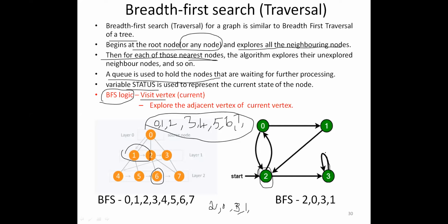Since it is a self loop, when you take the self loop, it is visiting the same node 3, and it is also already visited here, so I'll simply ignore it. So the BFS of the given graph is 2, 0, 3, 1, or you can have 2, 3, 0, 1. It can be also like that, no problem.